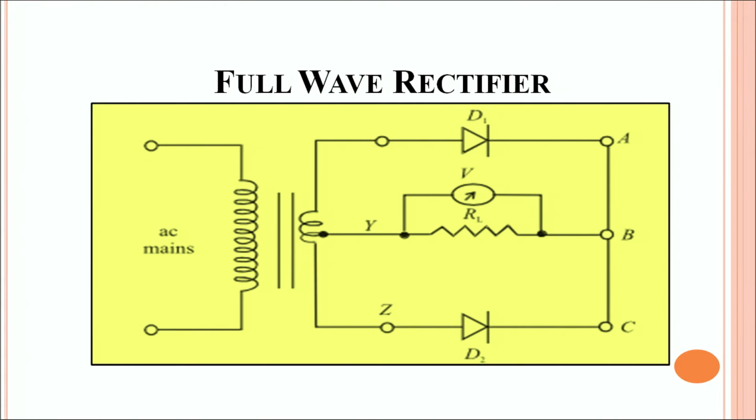For the negative cycle, D1 becomes reverse biased and does not conduct, but D2 becomes forward biased and therefore D2 starts conducting and the same amount of current is now across the loop and a voltage drop is measured across RL. Thus, for both the negative part as well as the positive part of the AC cycle, one or the other diode conducts, making the current flow through the circuit.